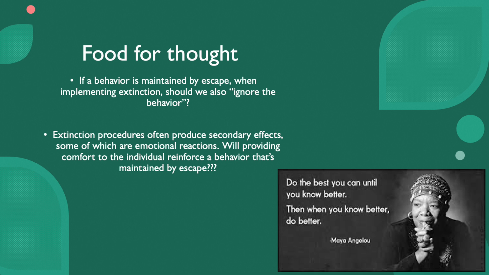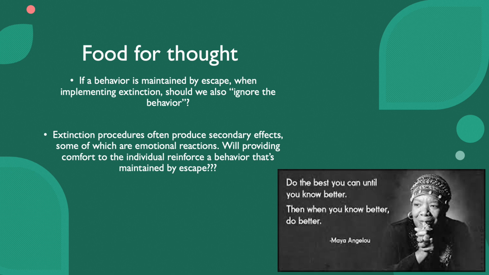They described one of those as procedural extinction, when people would overgeneralize extinction and basically think that all behavior was maintained by attention, and so the solution was simply to ignore the behavior.